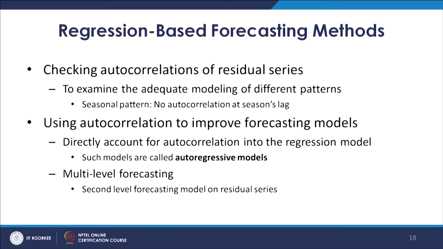For example, if we know that our original series is highly dependent on the previous points, so if at time t the number of riders is highly dependent on the number of riders that we had in the previous month, this aspect can be included in the regression model itself, and when this is done, we call these models autoregressive models.